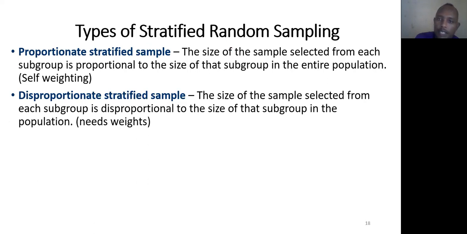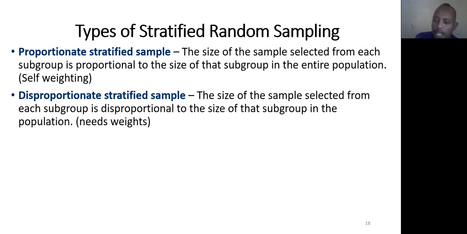Types of stratified random sampling method. We have the proportionate stratified sampling method and the disproportionate stratified sampling method. When we say proportionate stratified sampling method, the size of the sample depends on the size of the subgroup or stratum.